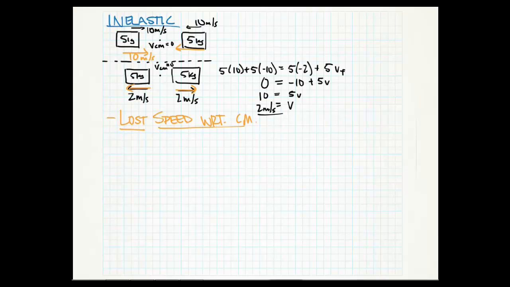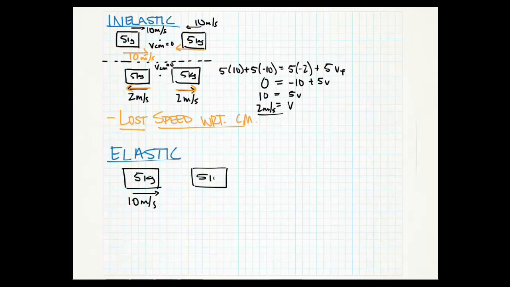So the last one that we're going to talk about, and the one that we can actually do stuff with, is the elastic collision. So for this elastic collision, again, we're starting off, probably getting tired of writing down this same mass, with our 5 kilogram mass moving this way at 10 meters per second towards a 5 kilogram mass moving at 10 meters per second.